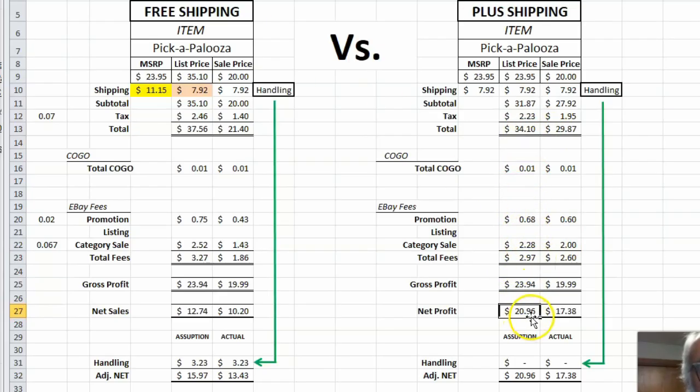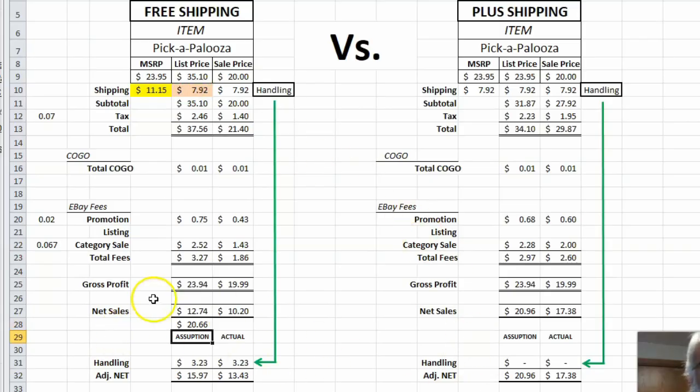So $20.96 of net sales versus $12.74. Wow, that seems crazy, but let's take $12.74 and put the shipping back in there as if the buyer was paying shipping, and we're at $20.66.